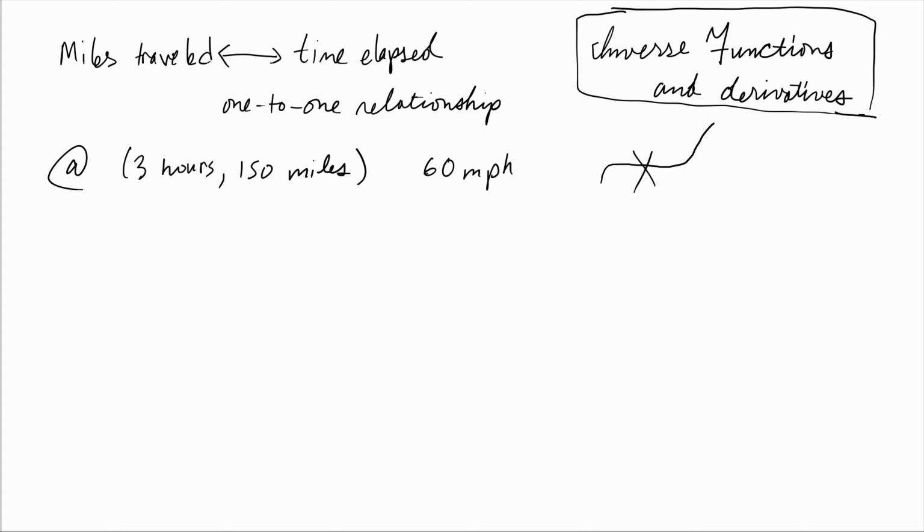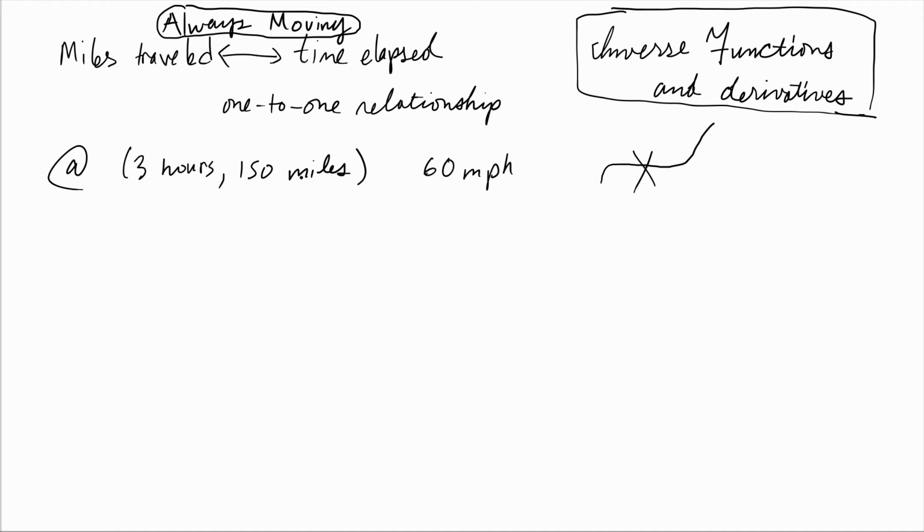So as long as we're always moving, so assuming there's no traffic jam, or we don't go to a stoplight or something like that, or maybe there is congestion, but we never actually stop as we go, and also assuming that we don't get off the freeway and go to a stoplight or something, I guess this would be a one-to-one relationship in that case. So we could think about an inverse function.